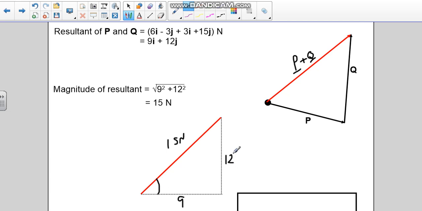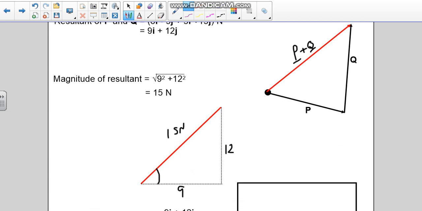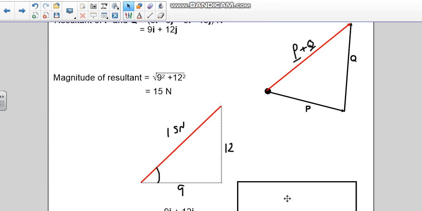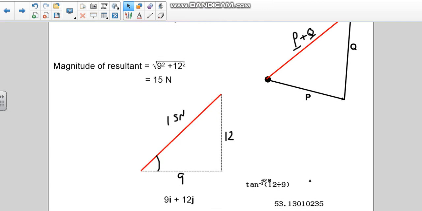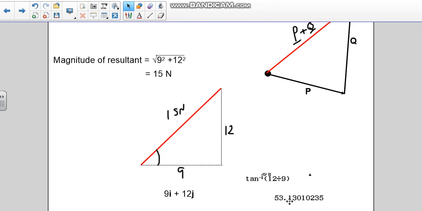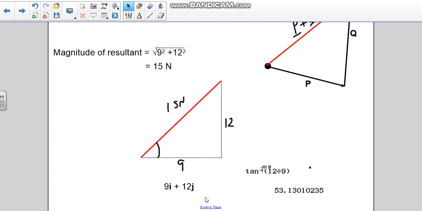We know the opposite is 12 and the adjacent is 9, so we can use the tan ratio. We'd have inverse tan of 12 divided by 9, which gives you 53.13 degrees. That is going anti-clockwise from the positive x-axis.